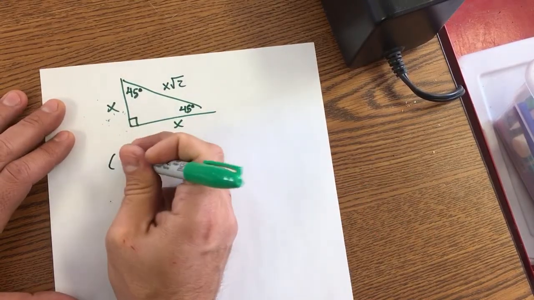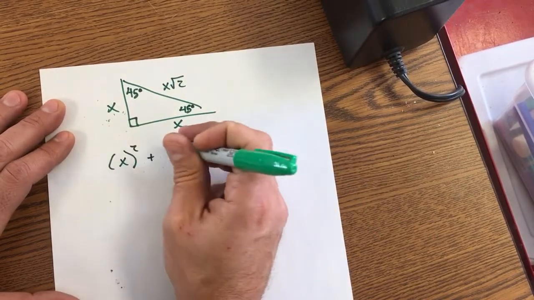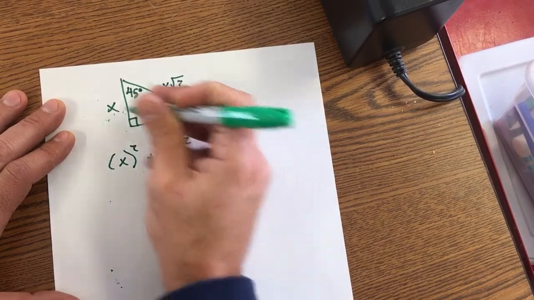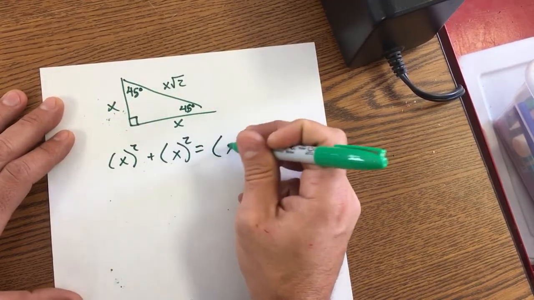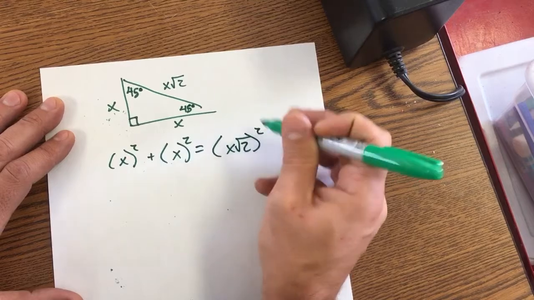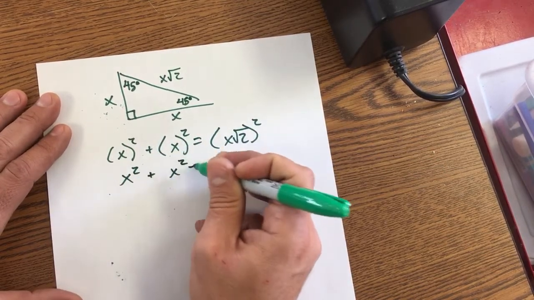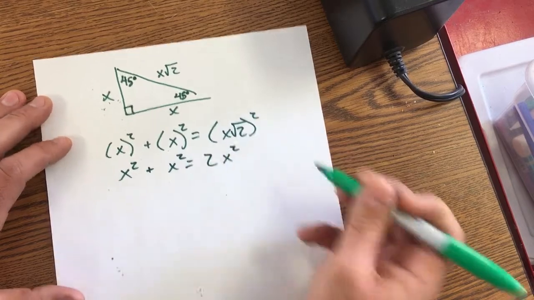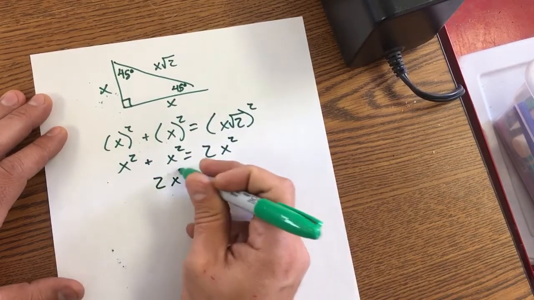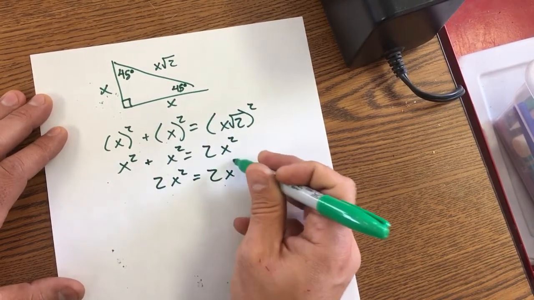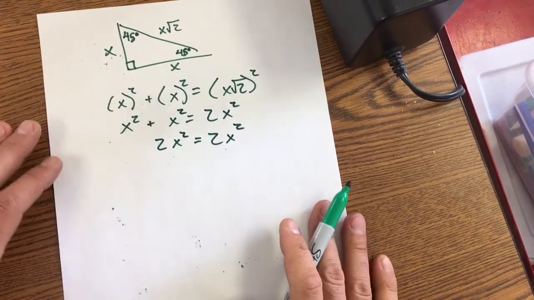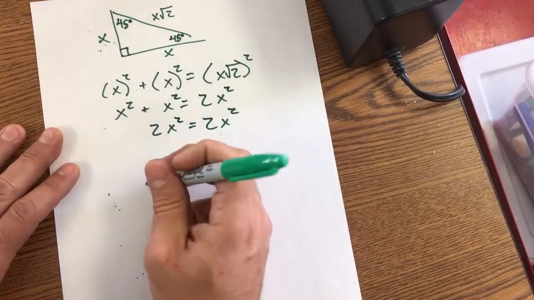So again, doing the Pythagorean theorem, I would get x squared plus x squared from a squared and b squared equals x square root of 2 squared from c squared, which gives me x squared plus x squared equals 2x squared. So it does work out, which is how somebody derived that in the first place, but just to show you.